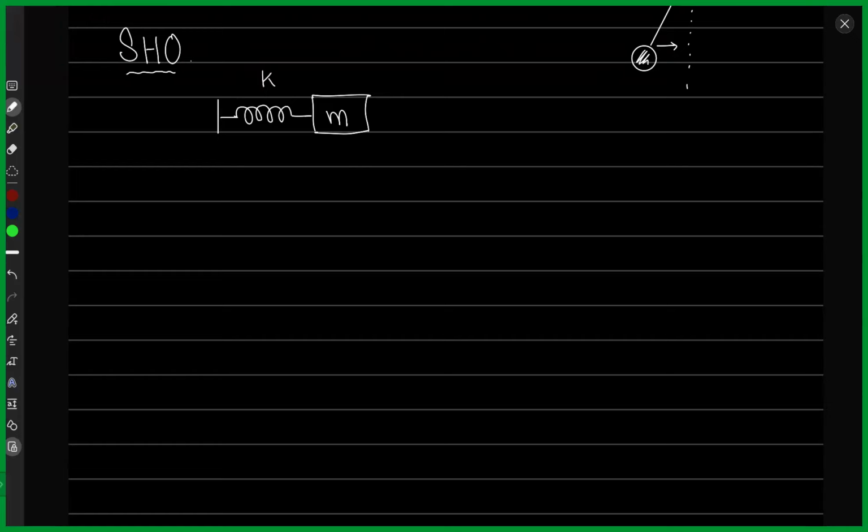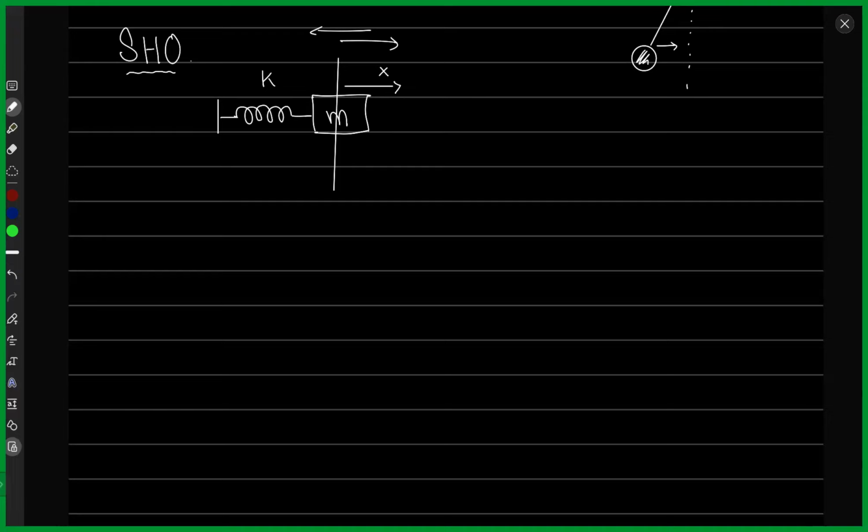So now imagine that this mass was resting in this position and I were to displace it some distance x from its mean position and then leave it. Then because there is a spring, it's going to oscillate in this way, back and forth, until it eventually comes to a stop at its mean position.